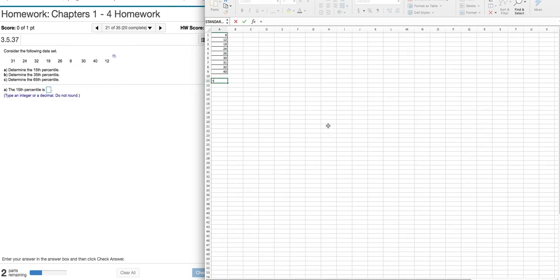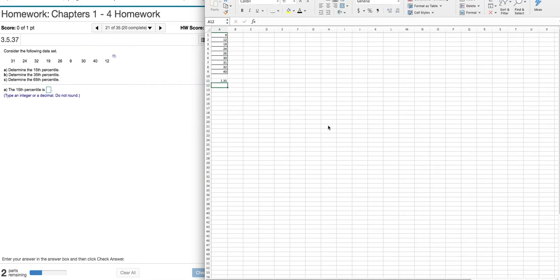So we'll just take the percentile, which is 15, and I'm going to divide that by 100. And notice that I have grouped this using parentheses to make sure that that operation is done first. And then we just multiply that using the star symbol above the 8, multiply it times the number of observations, which is 9.